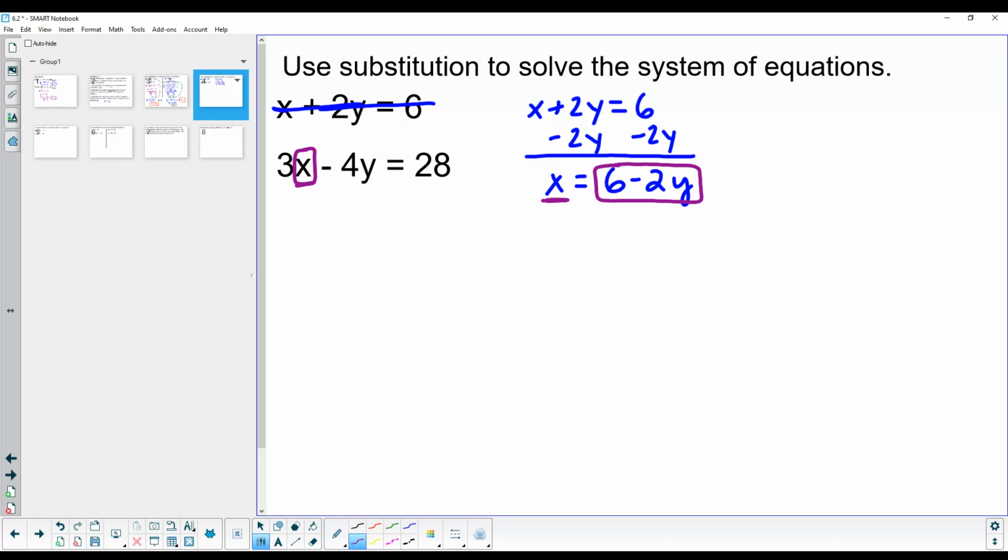So instead of 3x, I'm going to have 3 times 6 minus 2y, then minus 4y equals 28. The rest of the equation always stays the same. Are there any questions about solving that part or substituting that piece in before we move on?